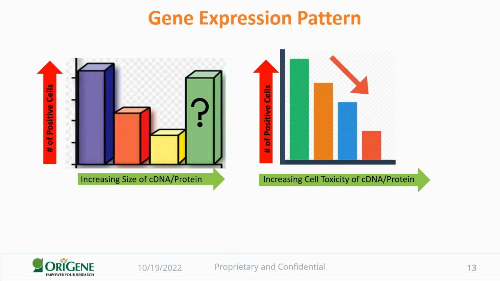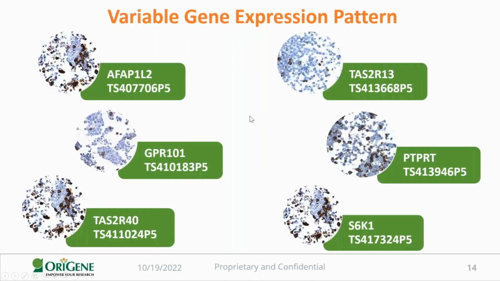The gene expressed also depends on the toxicity of that specific gene. Sometimes when you see increasing cell toxicity, the number of positive cells decreases. So when you stain a cytosection, don't expect 100% of the cells to be stained. That is the gene expression pattern I want to show here.